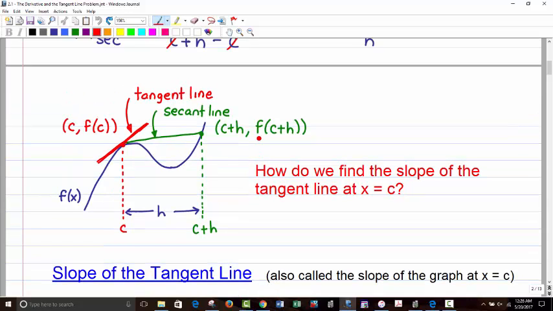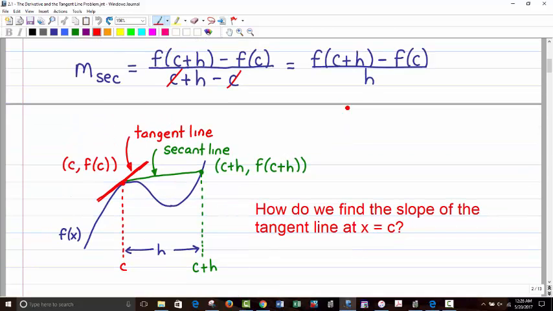And the problem, let's say you take this formula right here and you want to calculate the slope between 2 points that are essentially the same point, that would mean the distance between them, h, would be 0. And that gives us a big mathematical problem right up here, because dividing by 0 is never allowed.